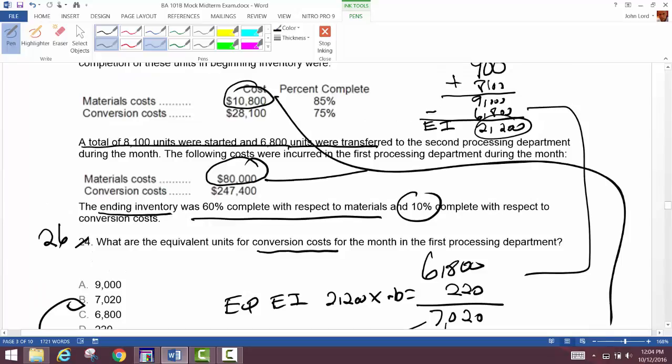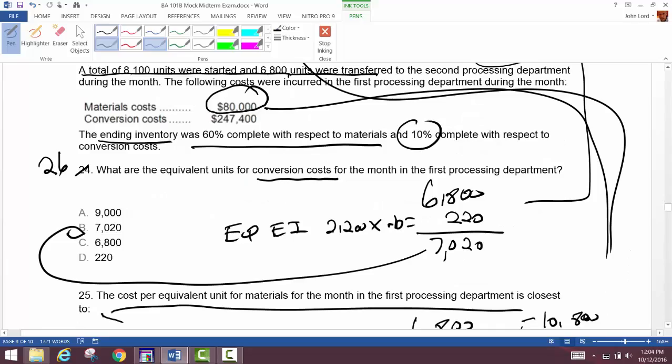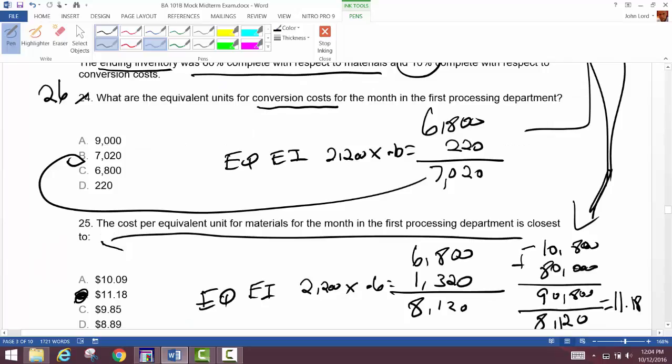So I just picked up these two numbers. Under the weighted average method, we pick up all the cost for everything for the period, what's in the beginning inventory and what we added for the period. We pick up both those numbers. That's the easy part, guys. Whatever number they give you for beginning plus whatever they added for the period, you always pick that part up.